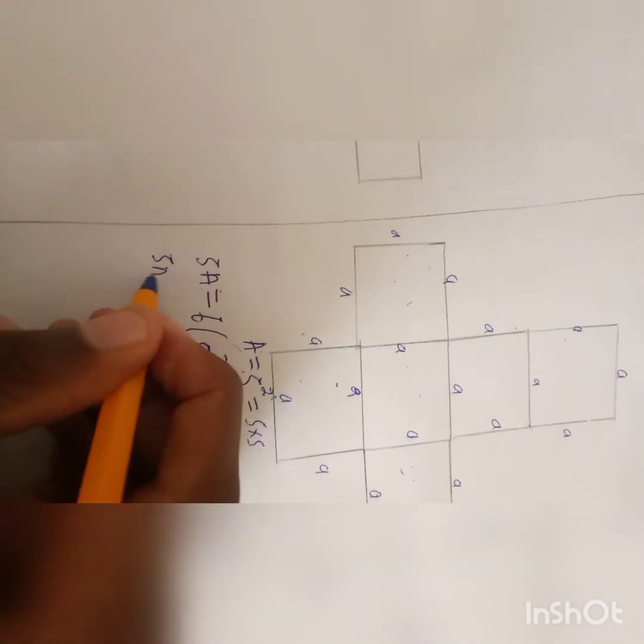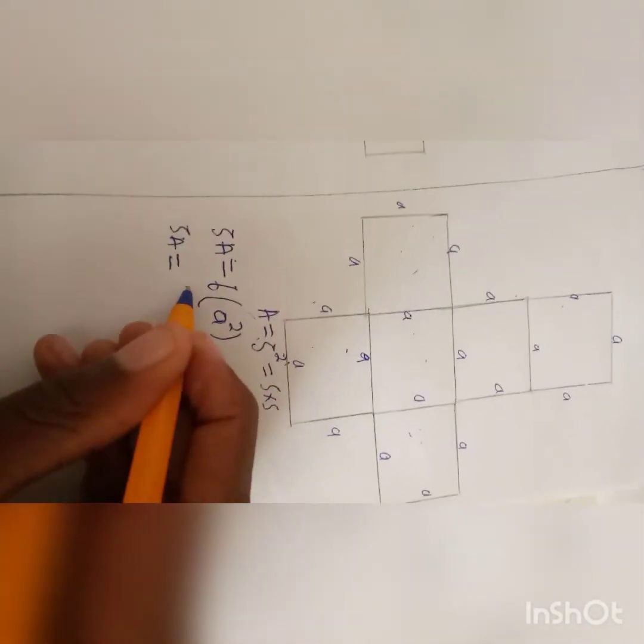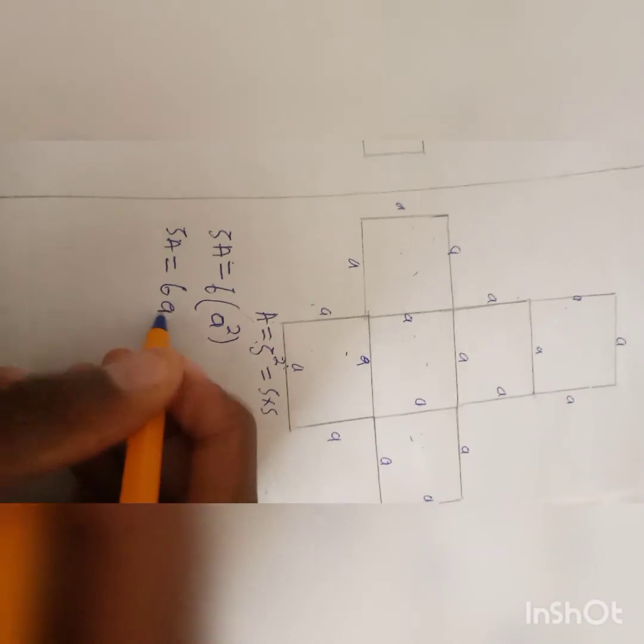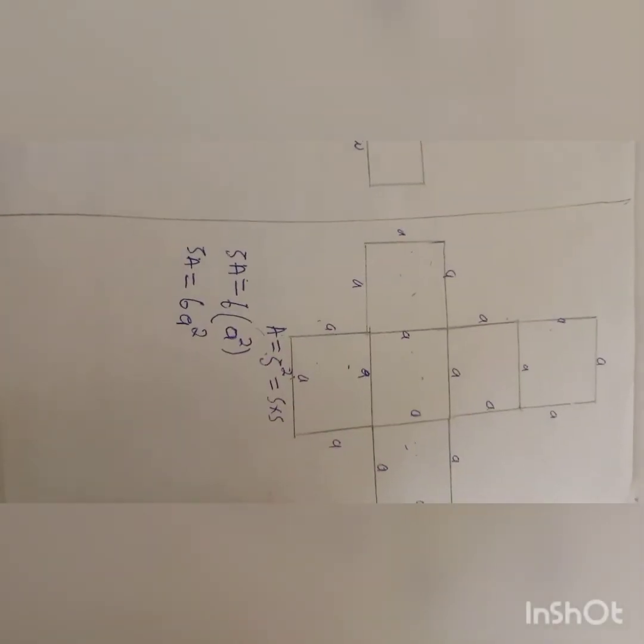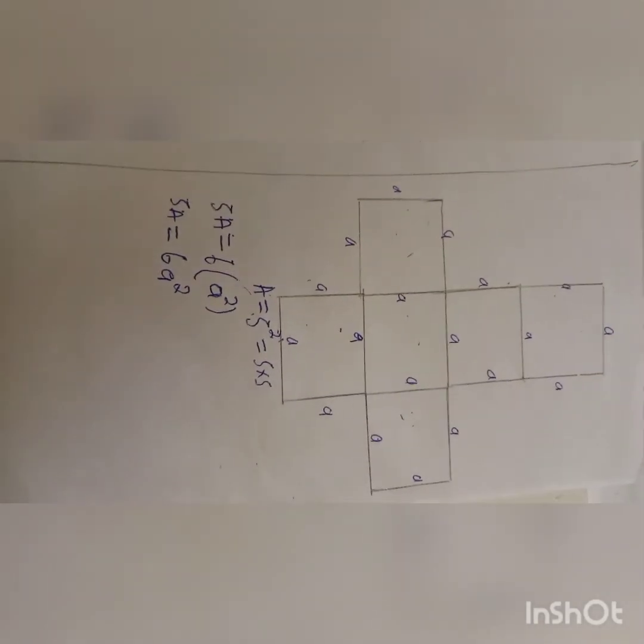So I can say the surface area is equal to 6a squared. That's how I managed to arrive at the surface area of a cube.